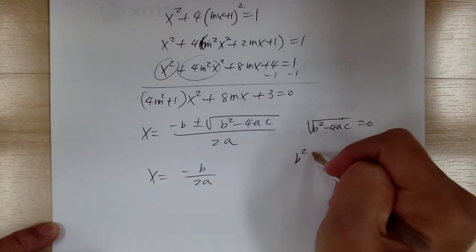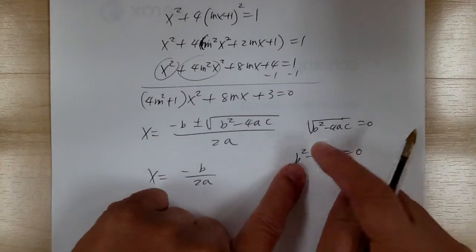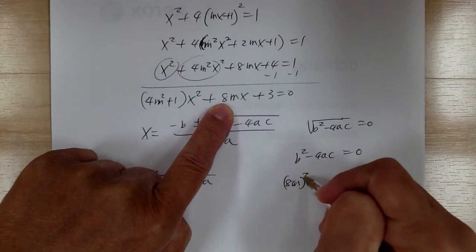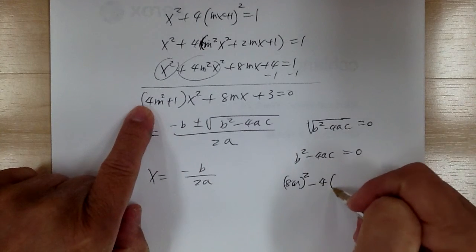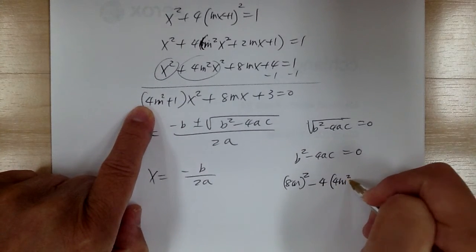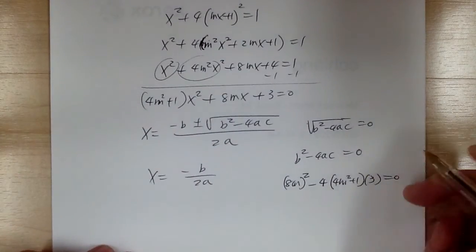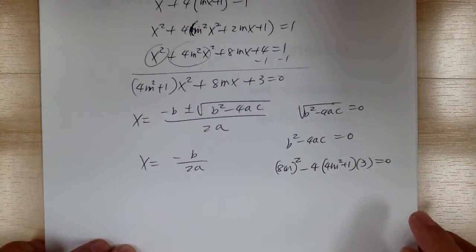So you have b squared minus 4ac equal to 0. So the b squared is this part over here, so it'd be 8m squared minus 4, a is 4m squared plus 1, and c is 3. So you intersect only once means this part equal to 0. So you can solve that.